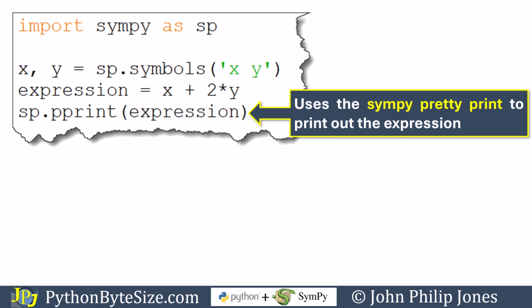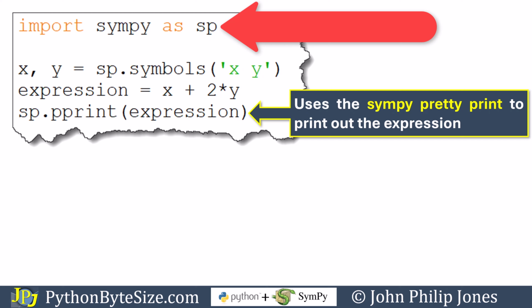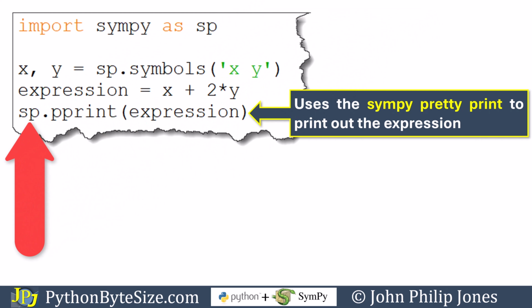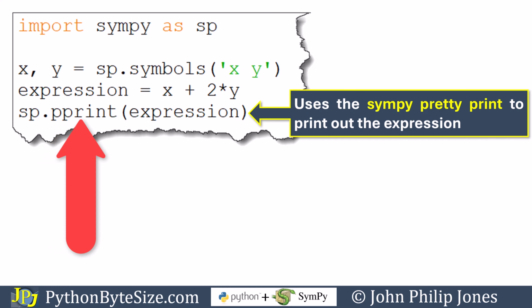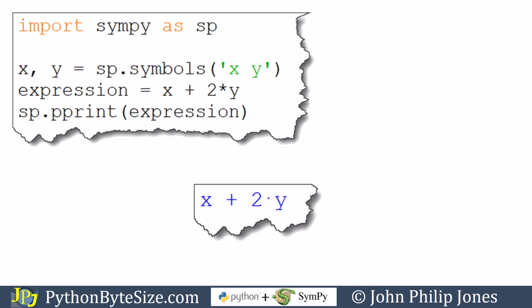the expression. And we were able to use pretty print because here you can see we imported SymPy as SP. So the pretty print is defined in the SymPy module. The runtime for this computer program is coming into view now.